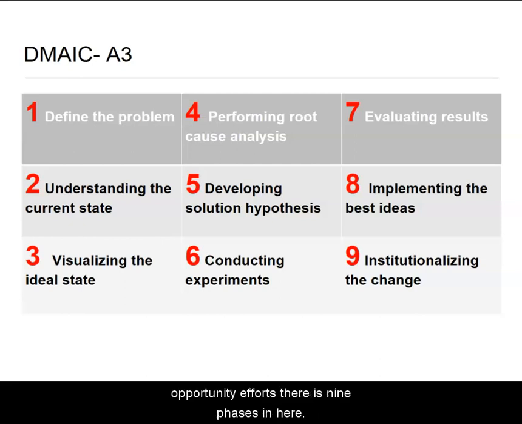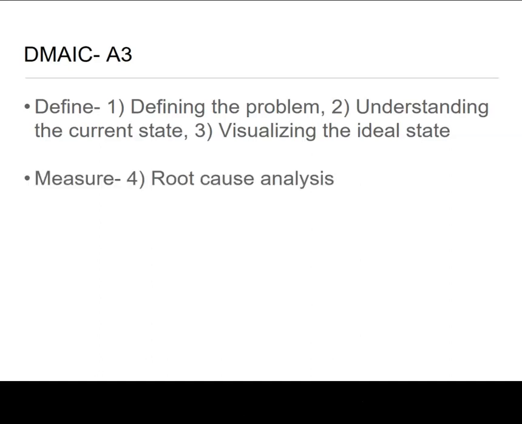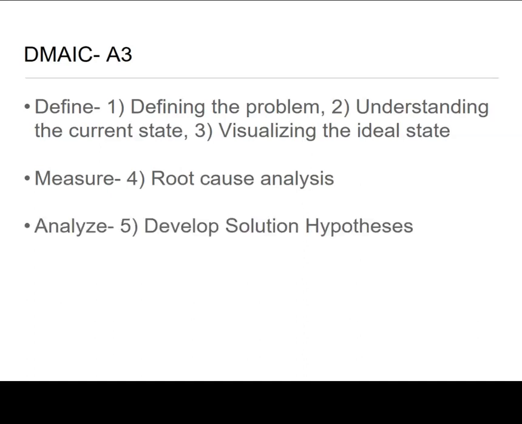So there's 9 phases in here. There's 5 phases in the DMAIC. The DMAIC and the A3 are woven together, as we'll see here. In the define phase of the DMAIC, we have the 3 phases for the A3: define the problem, understand the current state, visualize the ideal state. In the measure phase, we have the root cause analysis.